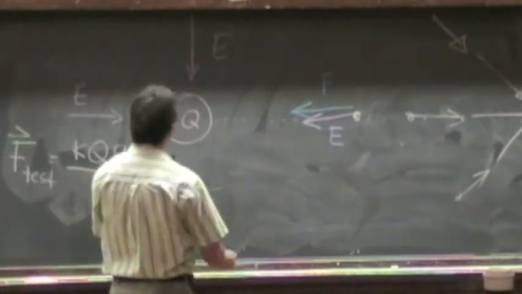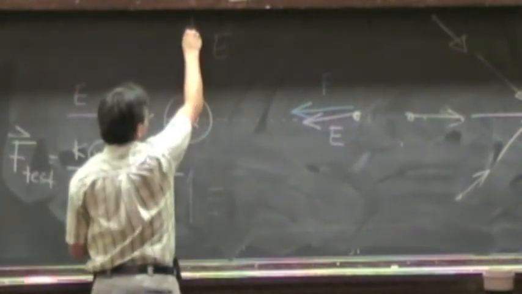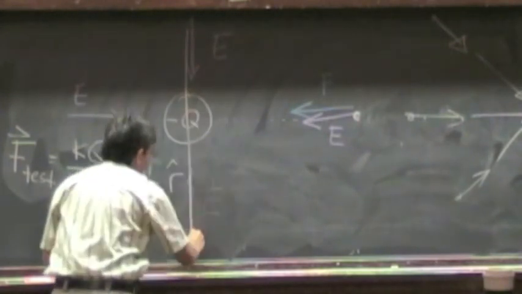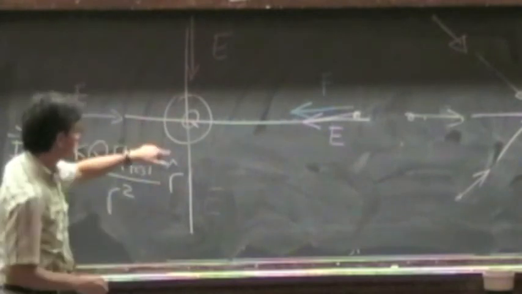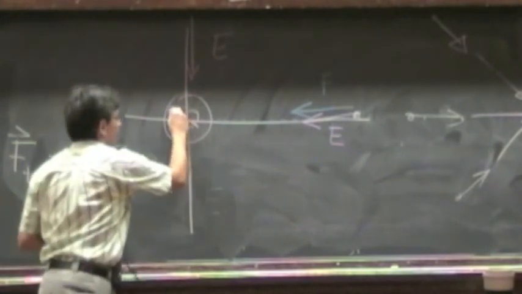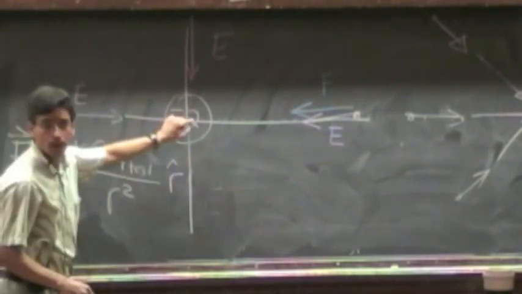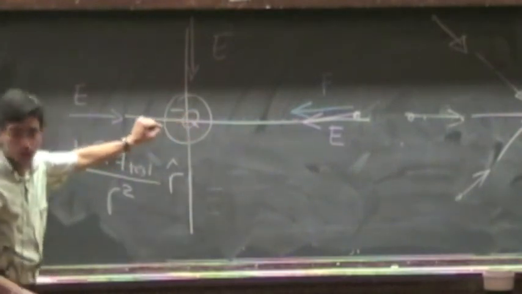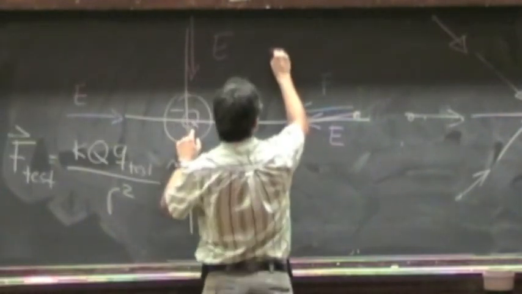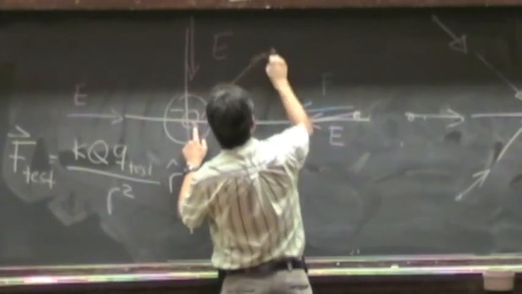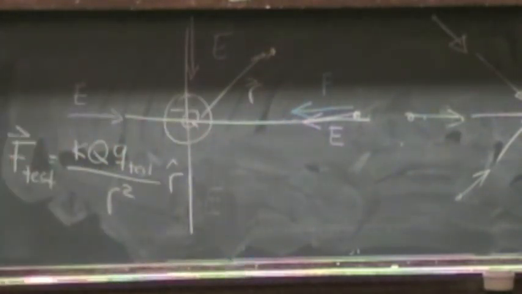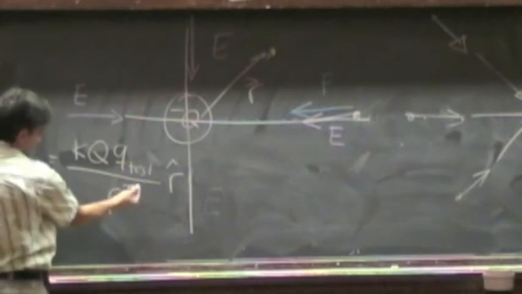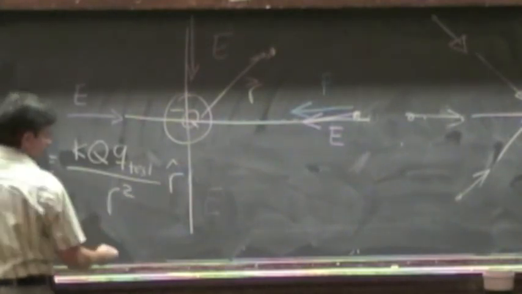In this equation, we have assumed that the origin of your coordinates is located at the charge. Right where the charge is, that's where we put the origin. And if I place the test particle a distance r from the charged particle, then the force will be given by this equation.